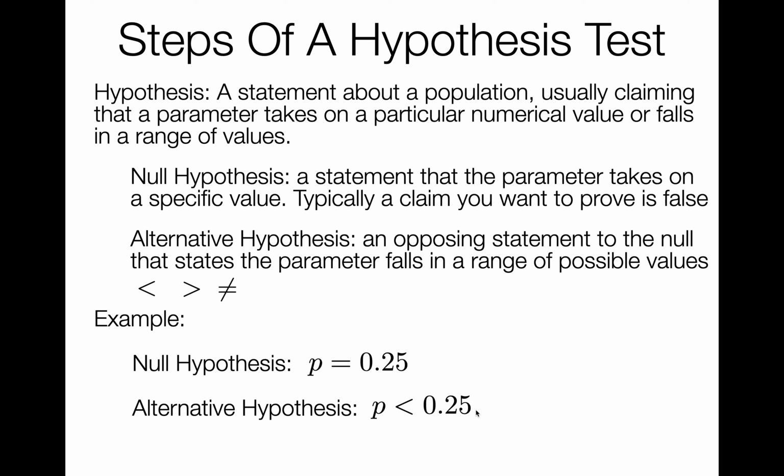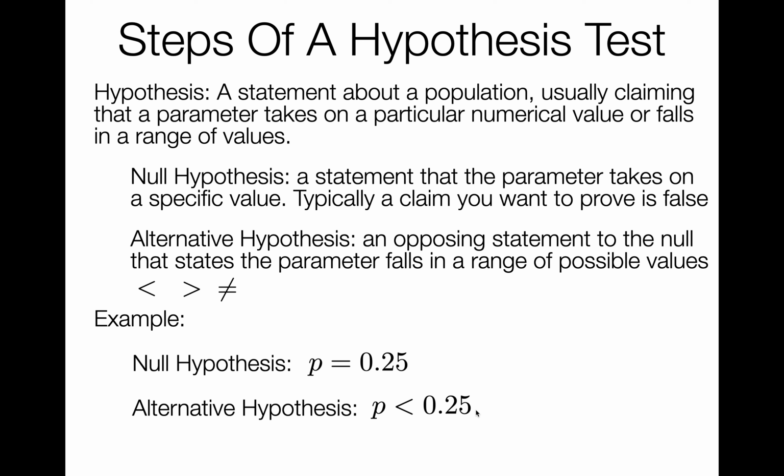The null hypothesis should have a p on the left side, and so should the alternative. And you'll also notice that on the right side, those numbers should be equal as well, 0.25 and 0.25. That has to be true for a valid hypothesis.